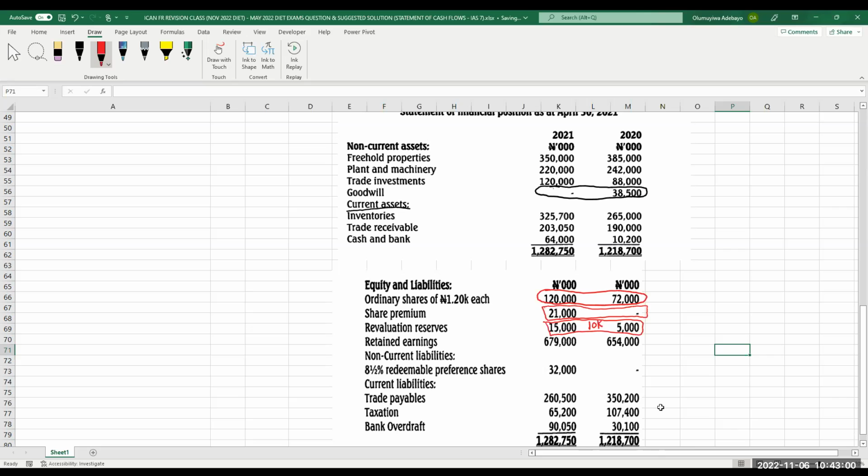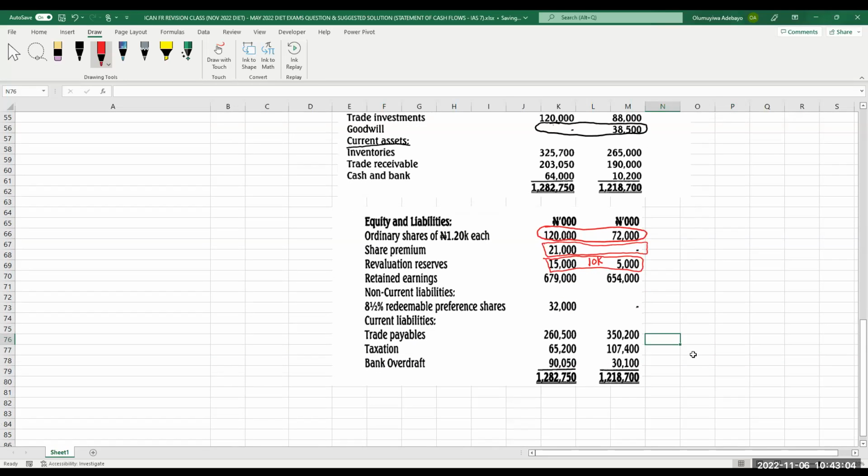But when we check the difference between these two figures, what could bring about that? And you have something here whereby before now you had no preference shares, but now preference share is surfacing at 32 million. What could bring about that?